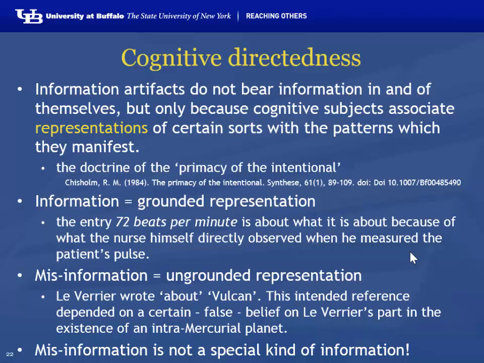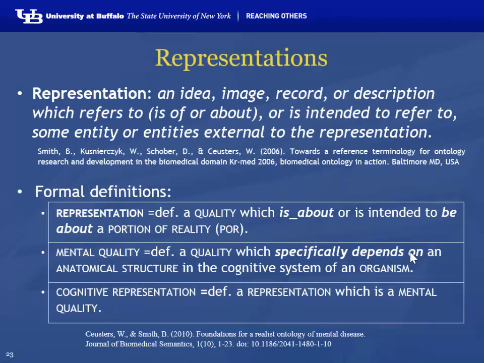And ultimately, the cognitive representation bottoms out in observations on the part of nurses of actual blood pressure phenomena in a hospital. So representations include cognitive representations which serve as the basis for the directedness or aboutness of patterns of ink and patterns of pixels, which in turn serve as the concretizations for the information content entities which can migrate from one mind to another mind or from one laptop to another laptop.